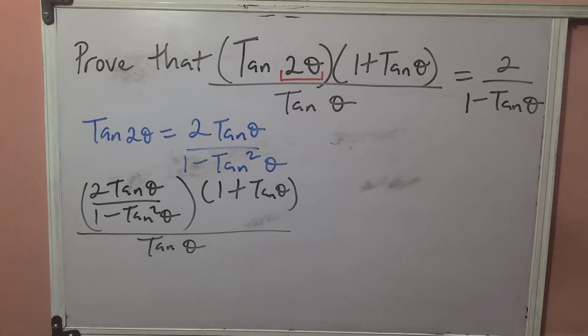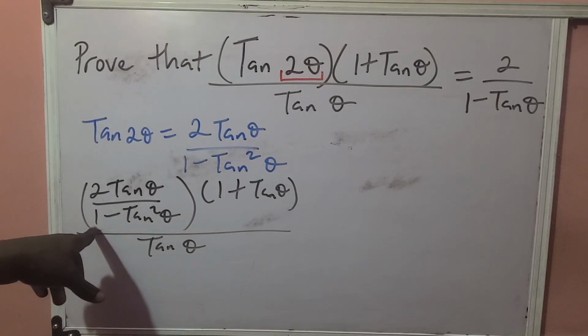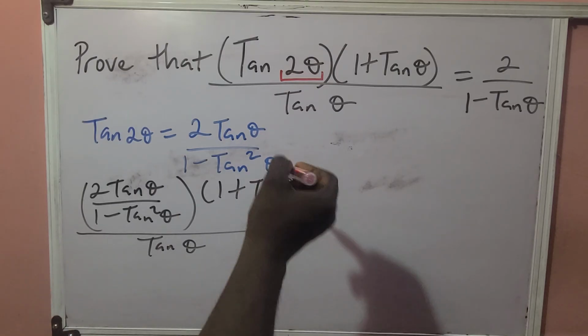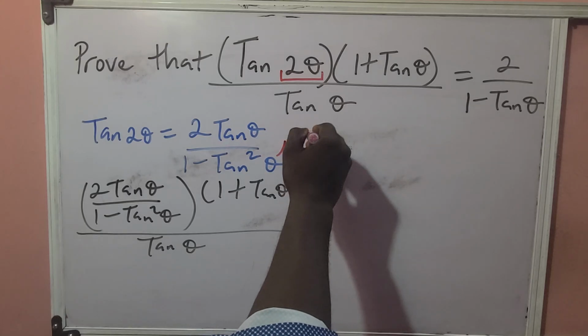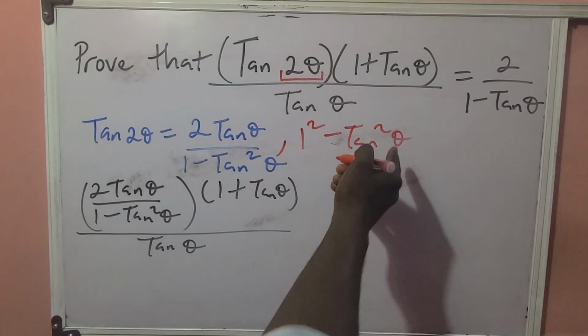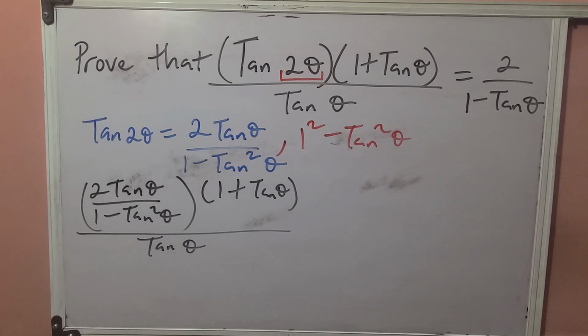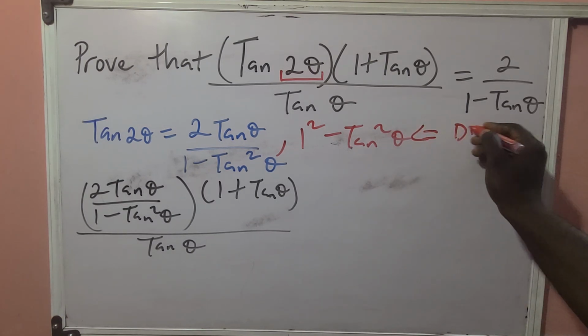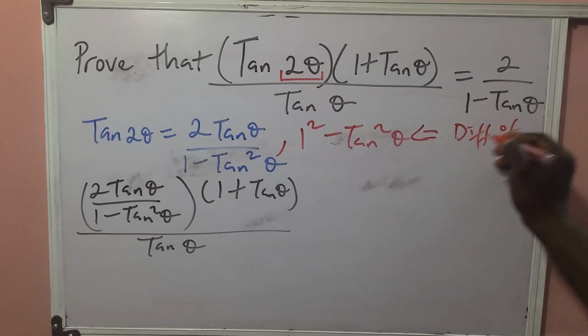Now, if you can see this, we have 1 minus tan square theta. Now, I want you to recall that under factorization, when we have 1 square minus tan square theta, this is obviously what we call the difference of 2 squares.